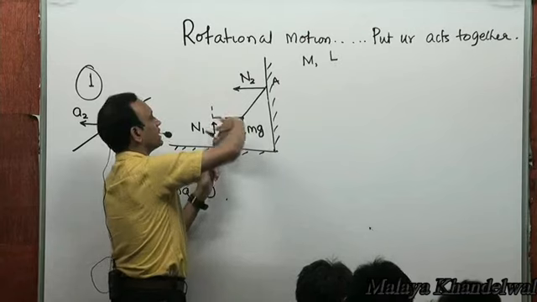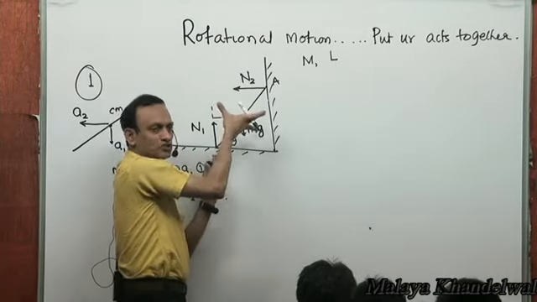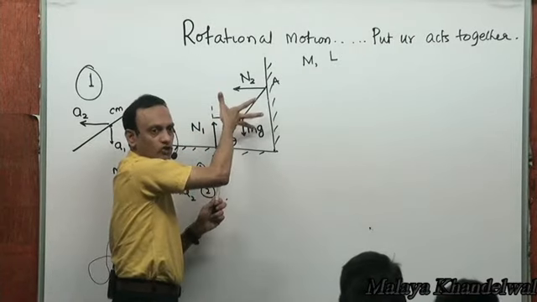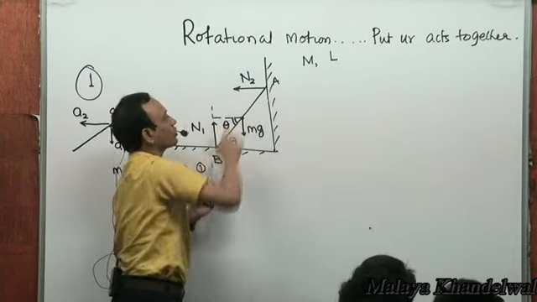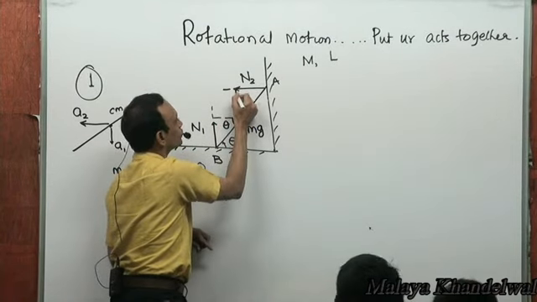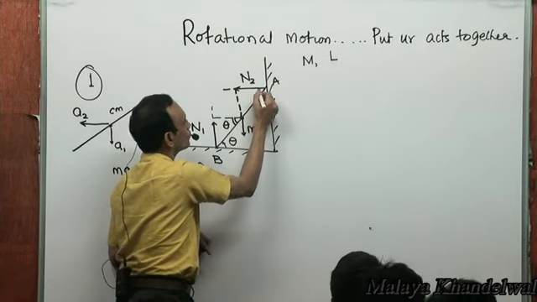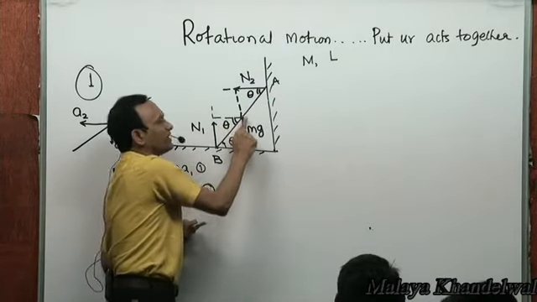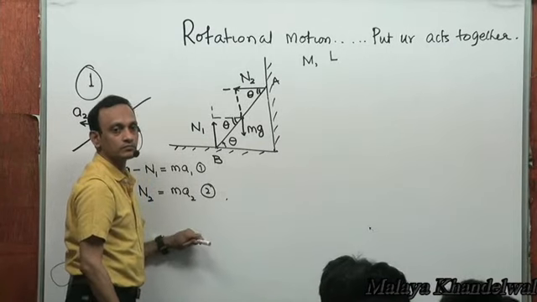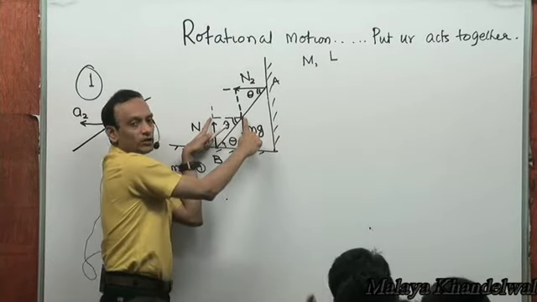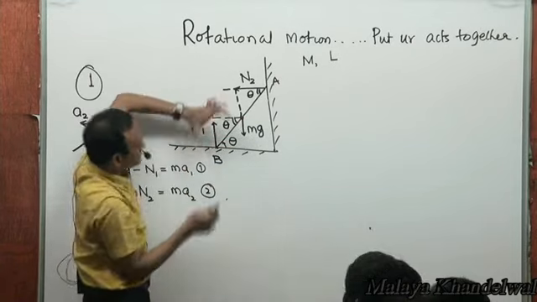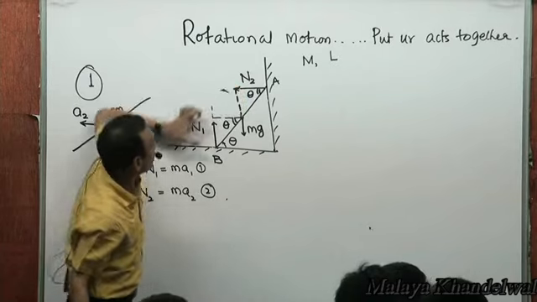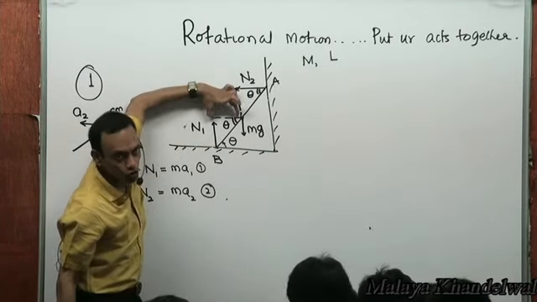If I take all clockwise torques positive, anti-clockwise torques negative, then N1 will produce a clockwise torque about the center of mass, and N2 will produce an anti-clockwise torque. Yes or no? Okay. What's the clockwise torque of N1 about the center of mass? N1 into this perpendicular distance. This length is L by 2, so this length is going to be L by 2 cos theta. So N1 into L by 2 cos theta.